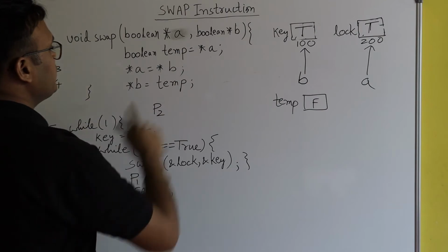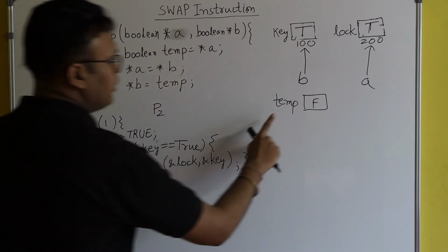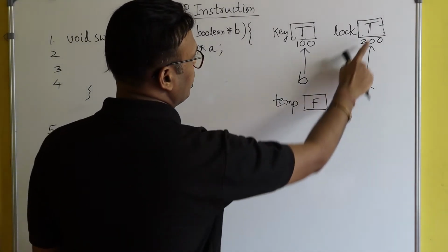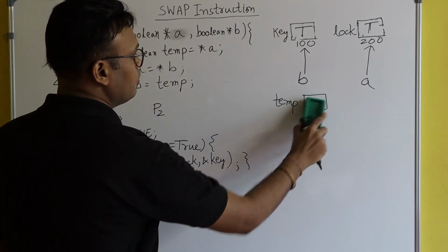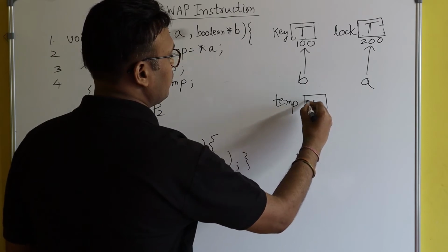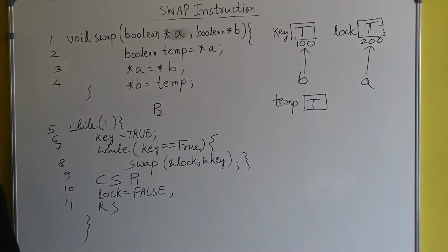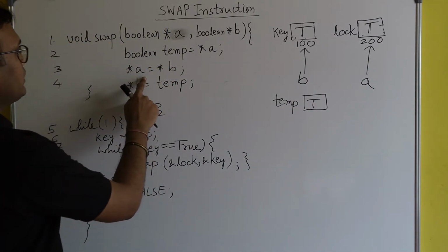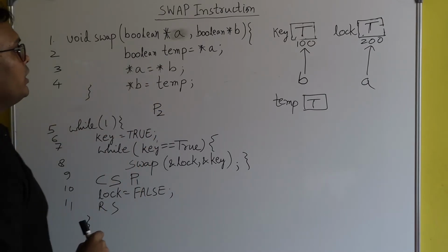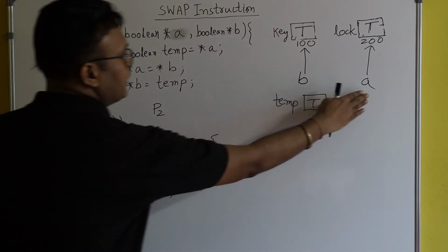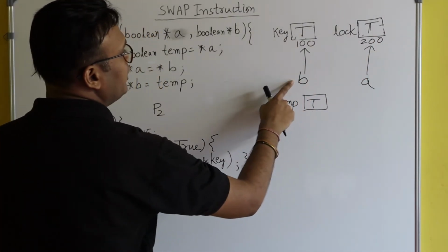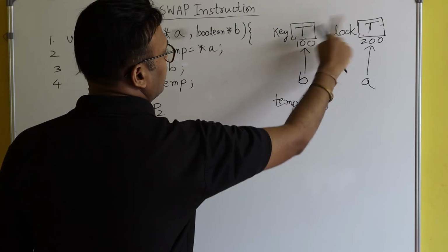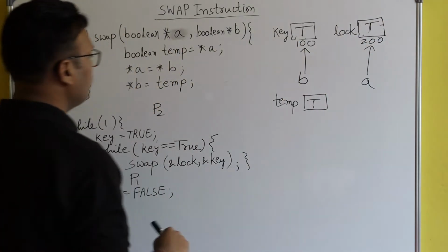Boolean temp is equal to star of A. Temp is equal to star of A. What's there in the star of A? True. So here I will write true. Fine. In the next line, it's star of A is equal to star of B. Yes, I mean the value of B will be assigned to A. And yes, it's already true.